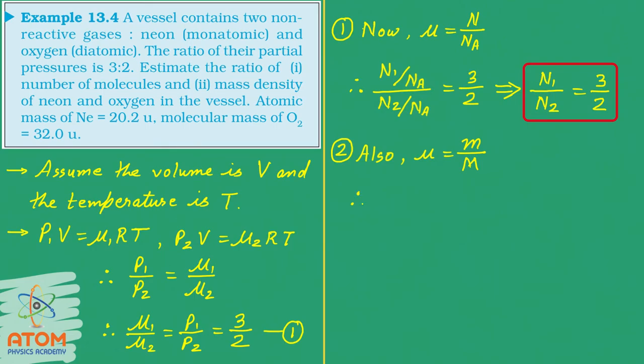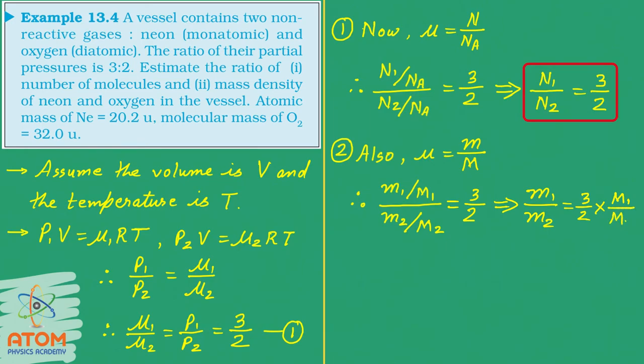So now equation 1 can be written this way: m1 upon capital M1, that is for mu1, upon small m2 upon capital M2, that is for mu2, and this value we already know is 3 by 2. So now we can write small m1 upon small m2 is equal to 3 by 2 into capital M1 upon capital M2.